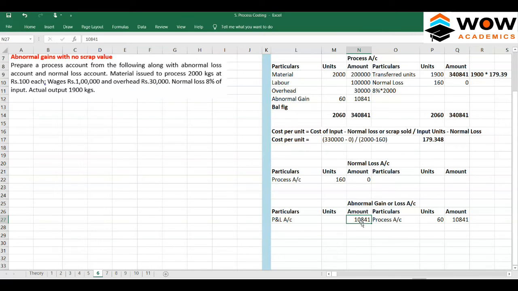The scrap value could not be sold anywhere, so it is useless to put bank here and put a value of 0. It's useless. So you don't need to actually show the normal loss account, but as the question asks, we are doing this. So that's about this problem. We'll move on to the next.